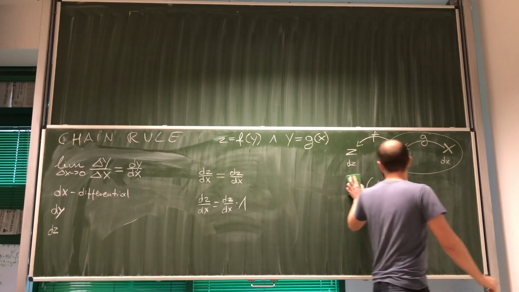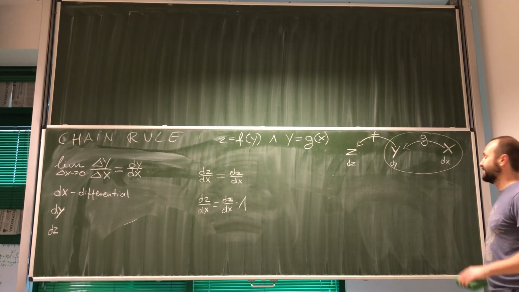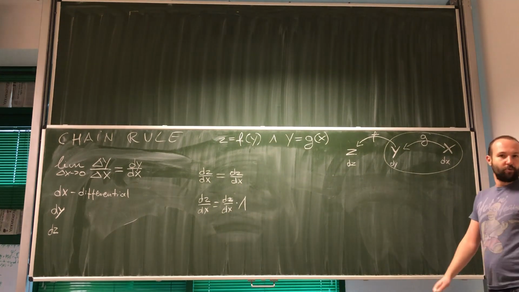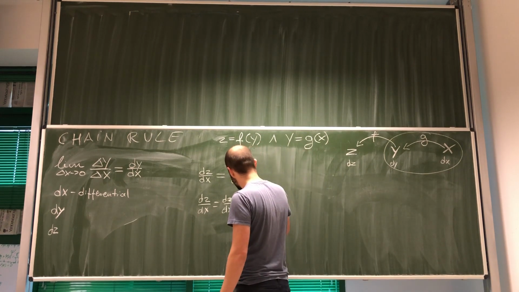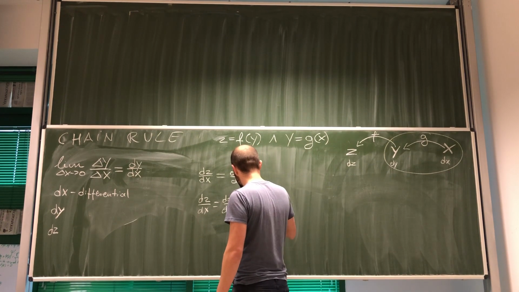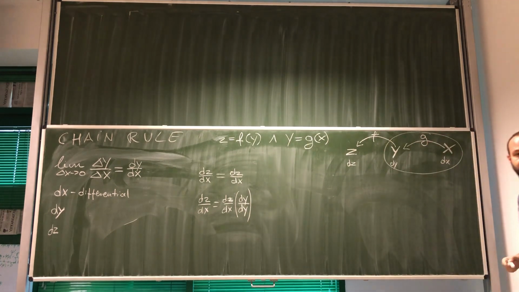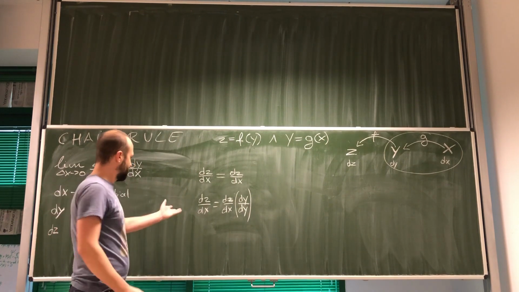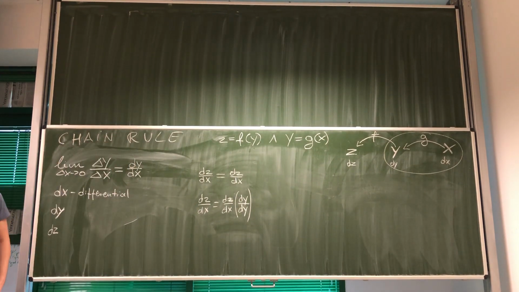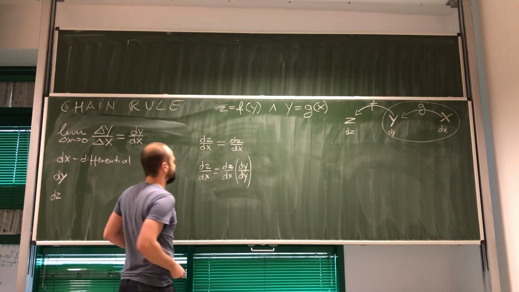Because if I take any number and divide it by the same number, assuming the number is different than 0, I get 1. So in other words, I can replace 1 by dy divided by dy. It's still 1, right? But here we have just some multiplication of fractions, and in these fractions we have differentials. So why not put this whole thing in just one fraction?